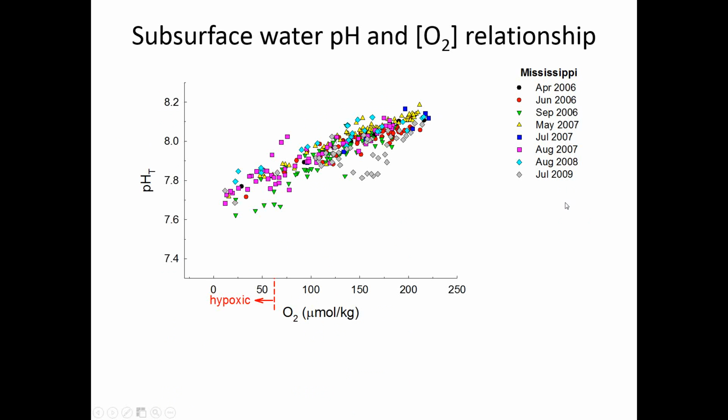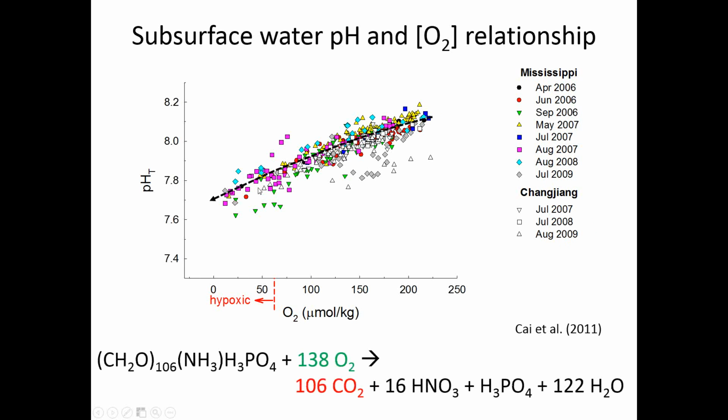We have almost all summer cruises all the way to this last summer, and this was made 3 years ago. Then I also brought in the Changjiang, the Yangtze River situation. Here you see it's almost the same result, and they follow very well this simple model of Redfield organic matter decomposition using oxygen to produce CO2.